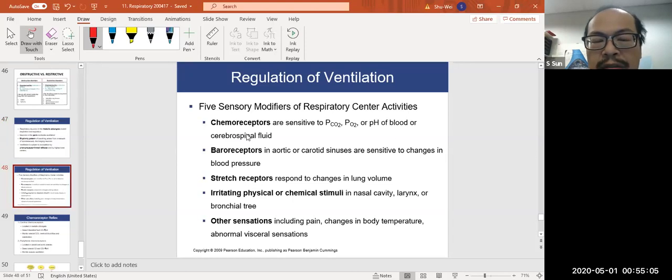So let's look at this. Our ventilation receives input, and the major one is the chemoreceptor. Baroreceptor is related to the sympathetic nerve. When baroreceptor detects that our blood pressure is low, the sympathetic nerve will be triggered, and it can also make our breathing increase. Stretch receptor: when we stretch our lung to a certain level, we cannot stretch it further, so there is a protection to prevent us from stretching it too much.